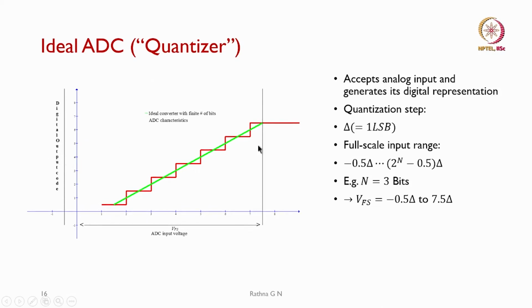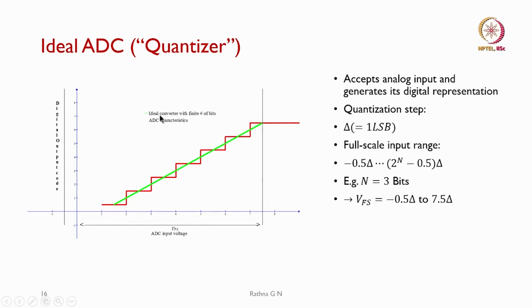So, I will be representing to one of them. From 1 voltage to 2 voltage I will be representing with the same value, and then I will be changing it. This is the staircase that you can look at.